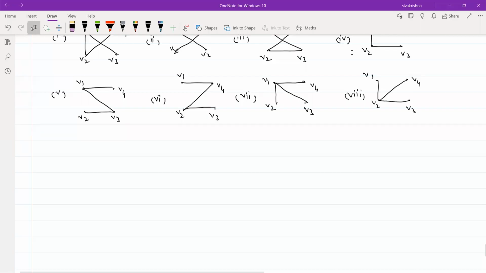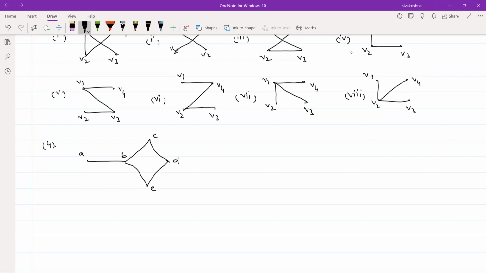So I am giving you one more problem to find all the spanning trees for the given graph. Here this is A, this is B, this is C, D and E. So we have a total of 5 vertices.